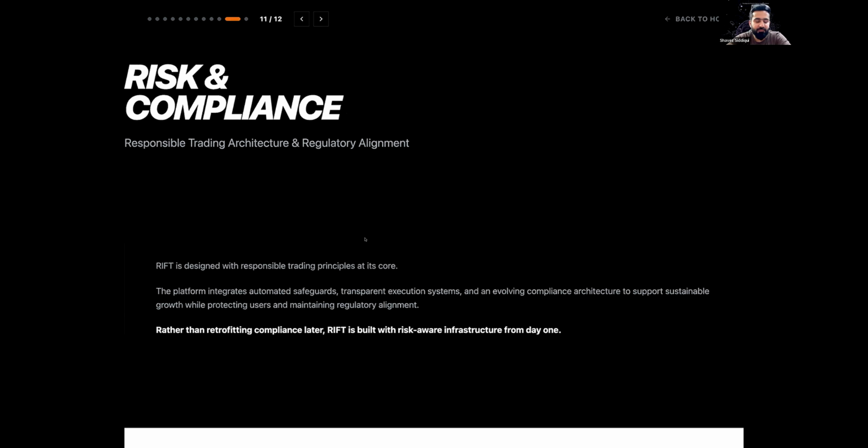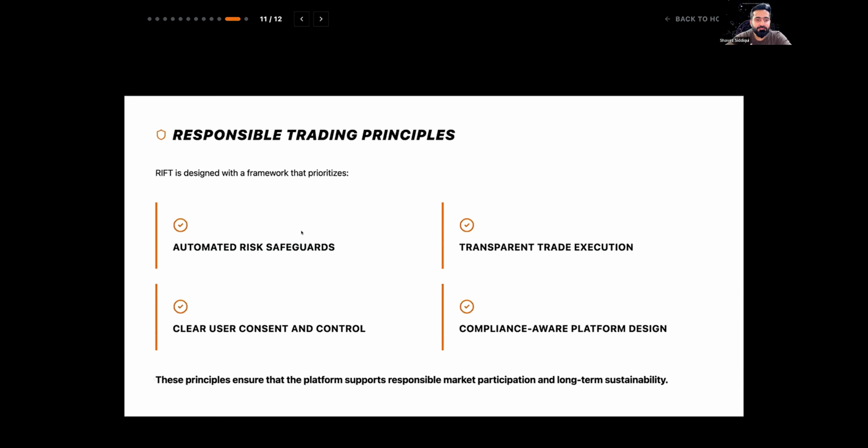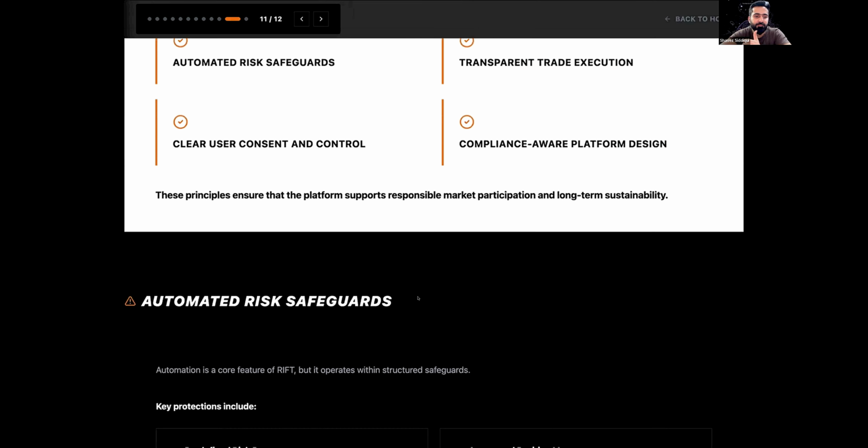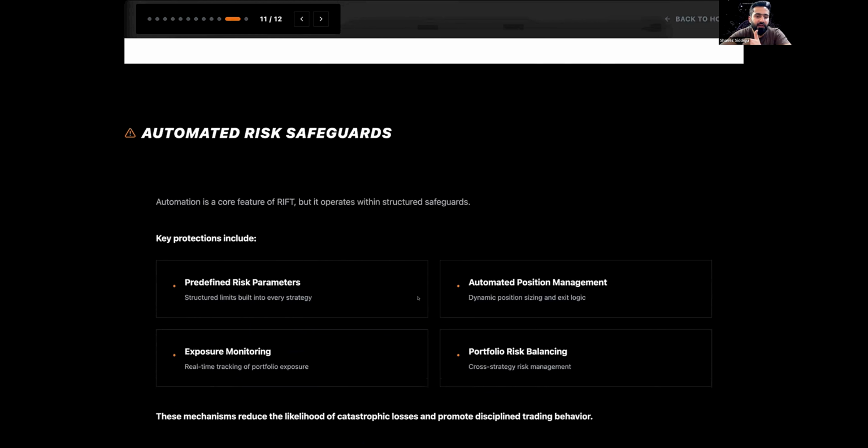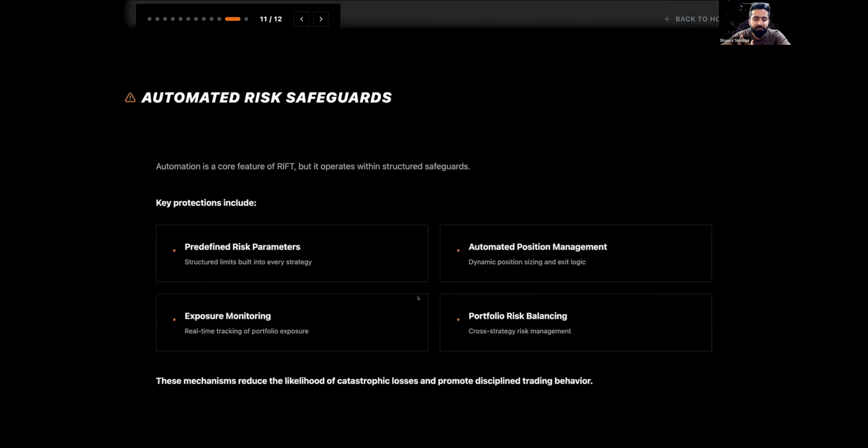Risk and compliance framework of Rift. Automated risk safeguards, transparent trade execution, clear user consent and control, compliance-aware platform design. Automated risk safeguards: there are predefined risk parameters. You cannot lose more money than the stop loss which the platform has predicted for you.